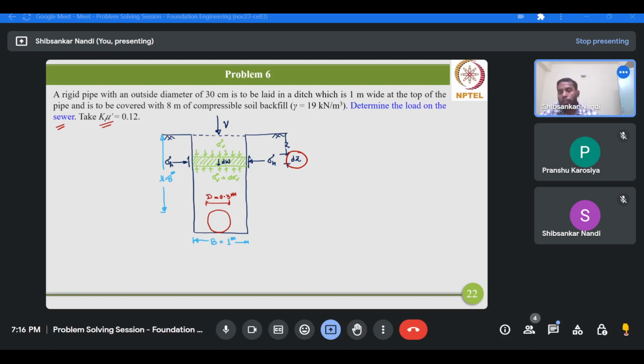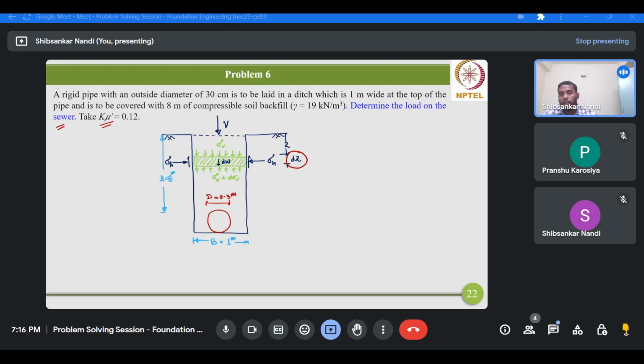So at the top, sigma b times b, it is acting at the top of this slice. Then at the bottom surface of this slice is sigma b plus d sigma b multiplied by b. So these two forces are acting from two different surfaces of this slice, and obviously the weight of this slice. Now due to the application of this load, when it will try to move, these are the rupture surfaces. Okay, so for simplification we can consider these rupture surfaces are purely vertical.